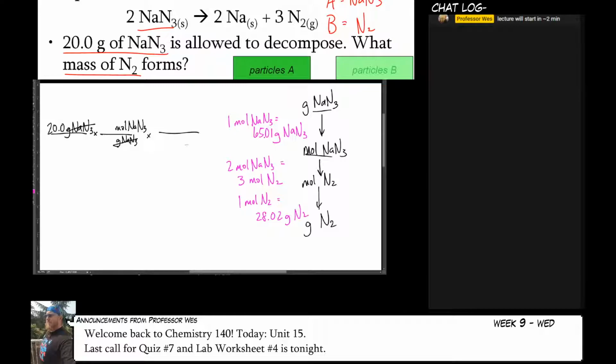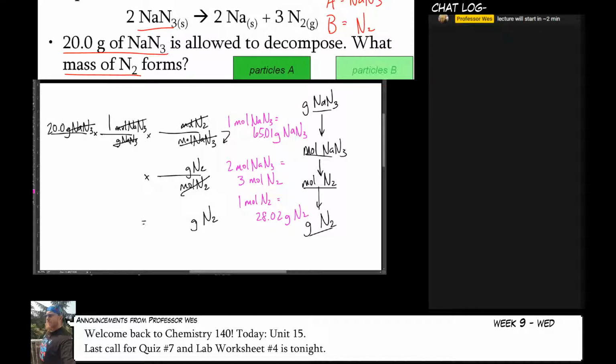And then we'll turn moles of NaN3 into moles of N2. So now we're there. And then we can finally turn moles into grams. I ran out of space because of course I did. And there we go. So once we hit enter on this calculation, we should end up with the number of grams of nitrogen. So let's do the numbers.